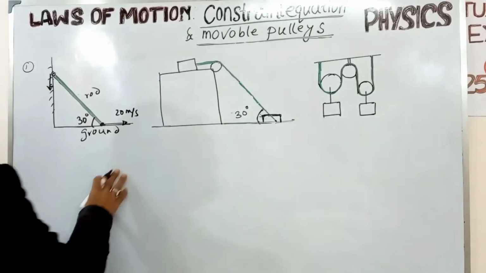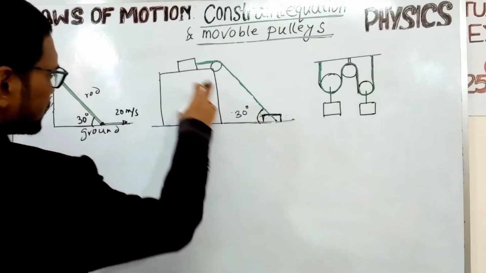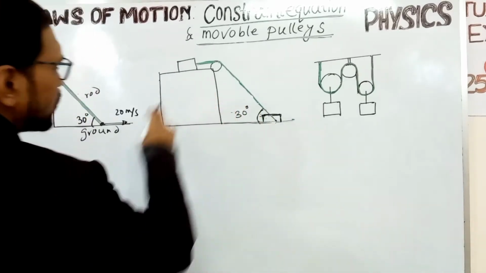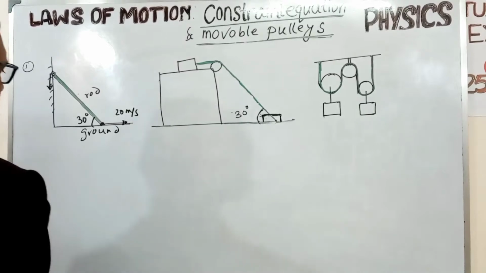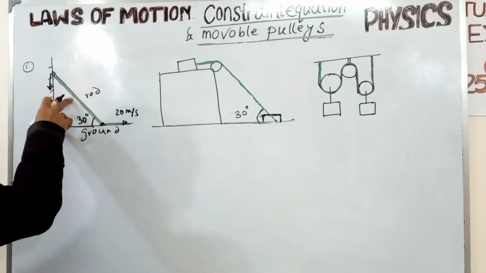We have to find the relation between the velocities of two blocks which are tied by a string, or this is a rod.